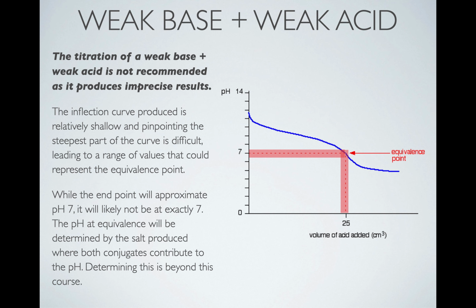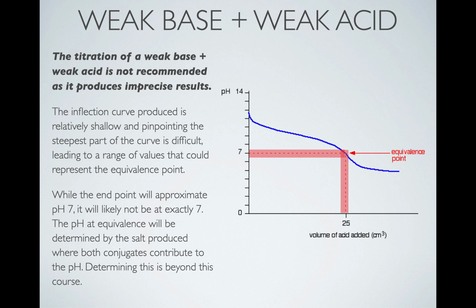It's really hard to pinpoint exactly when that inflection is, so it's really hard to pinpoint where the equivalence point was in that range. Because you've got that amount of uncertainty, you've got a lot of uncertainty in your unknown. So because of the lack of steepness in the curve, it doesn't give a precise equivalence point.